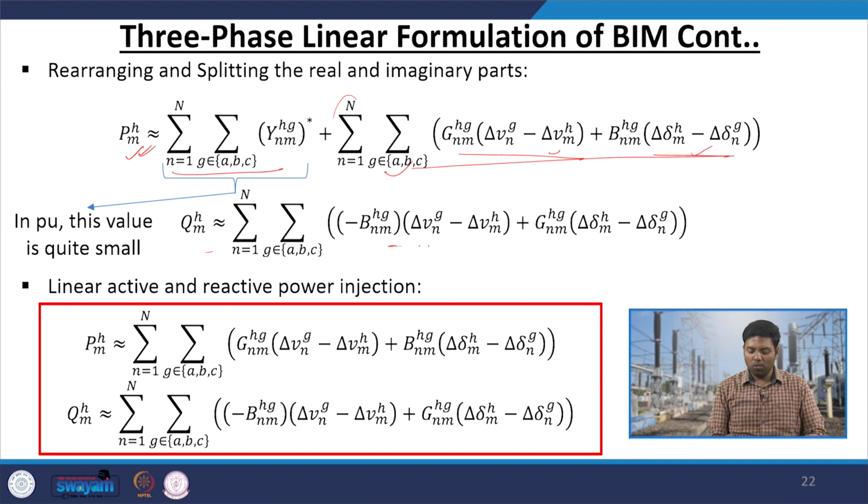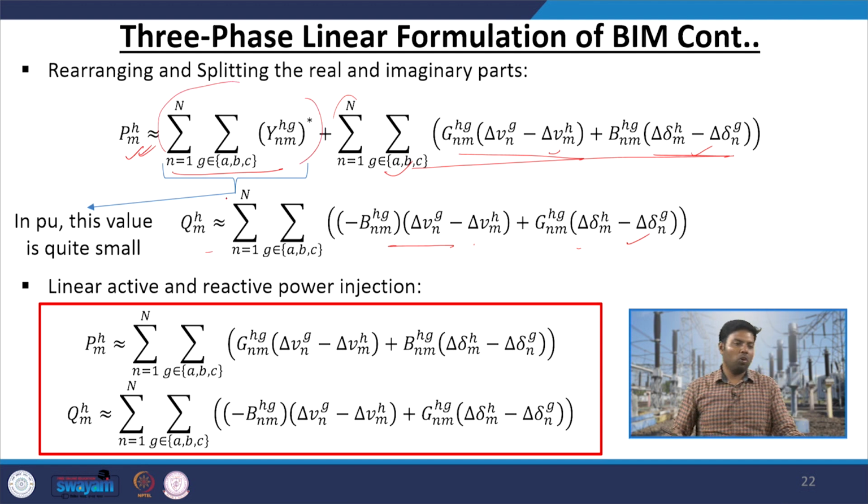Similarly, for Q we will get B with voltage difference and G with angle difference. Now, this term, if you see it at the per unit level, is quite small. Okay. So, you can neglect it and consider it close to 0, not exactly 0, but close to 0.